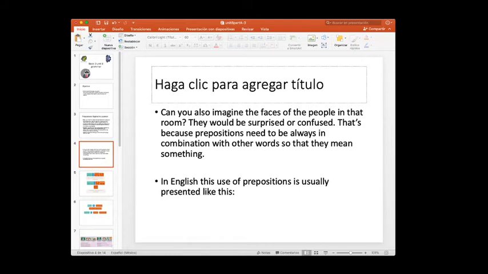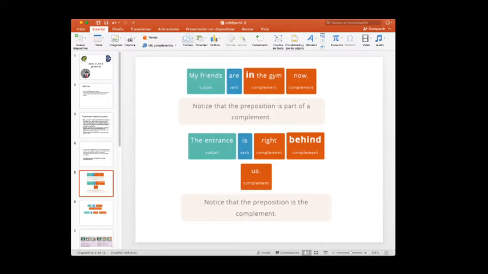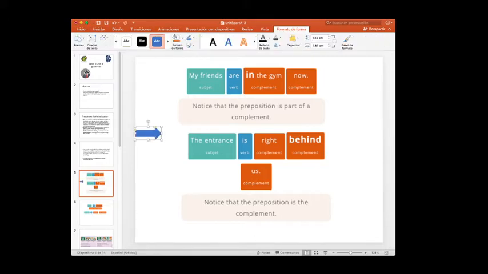In English, this use of prepositions is usually presented like this. Let's check. For example, the preposition "in" has this structure. It says, "My friends are in the gym now."